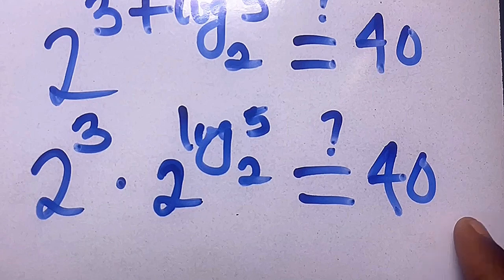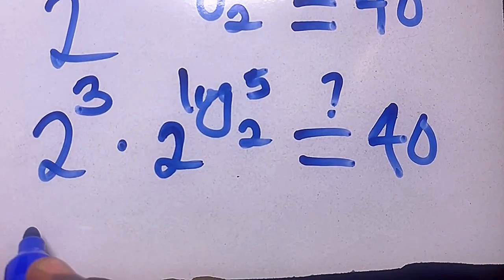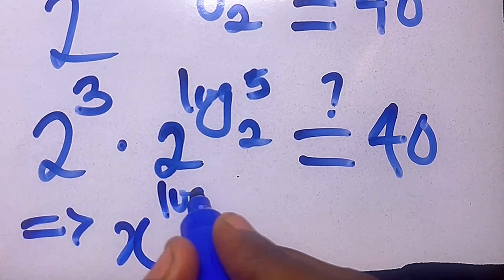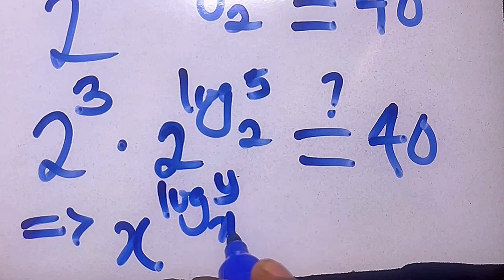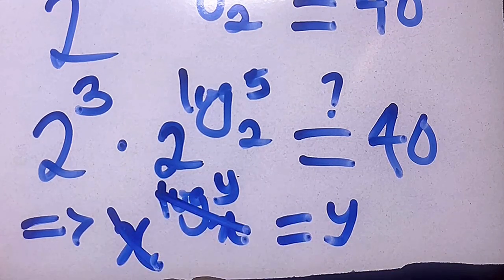So here, we have to recall that if you have x raised to power log y in base x, this equals y, because this will cancel out this, right?